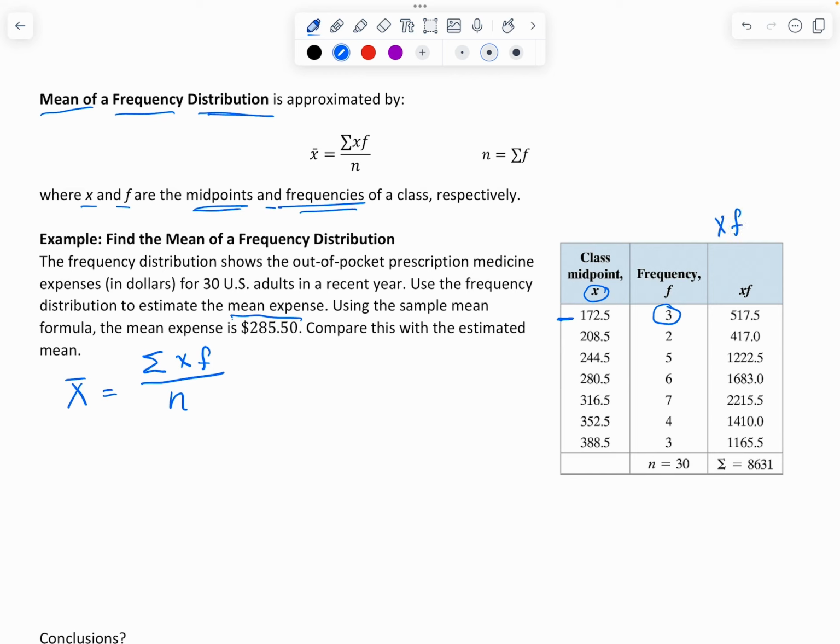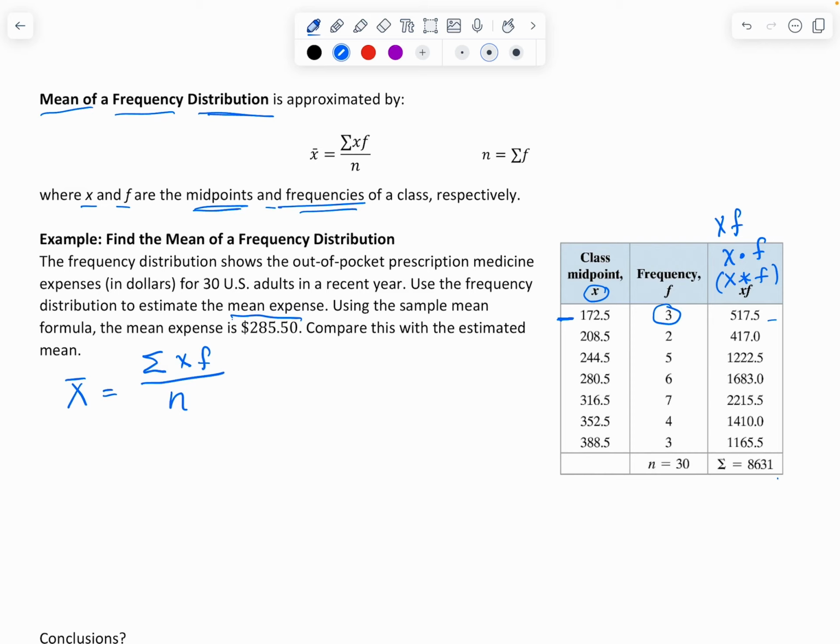XF. Now remember, mathematically, if you see two letters next to each other, that by default means to multiply. So we're going to take x times f. 172 times 3 is 517.5. 208 times 2 is 417, and so on and so on.